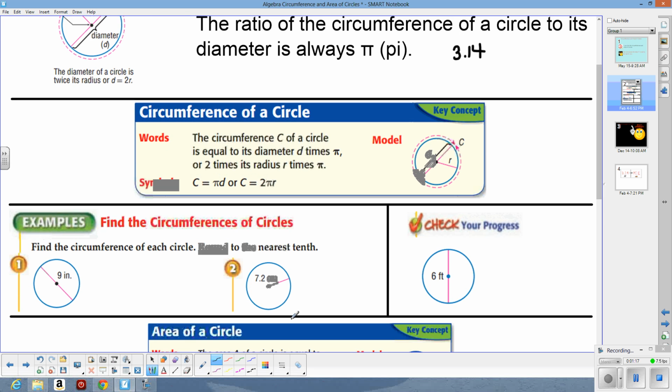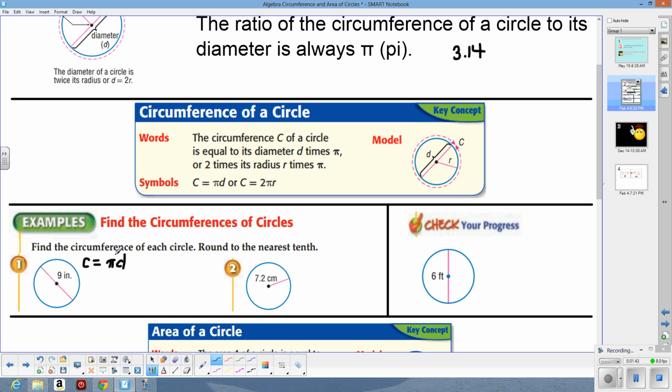In our first example, we're going to find the circumference of the circle, and we're going to round our answer to the nearest tenth. We're going to start out by first writing down the formula. Circumference equals pi d. Now, most of your calculators will have a pi key, and that's going to give you a closer answer to the actual circumference.